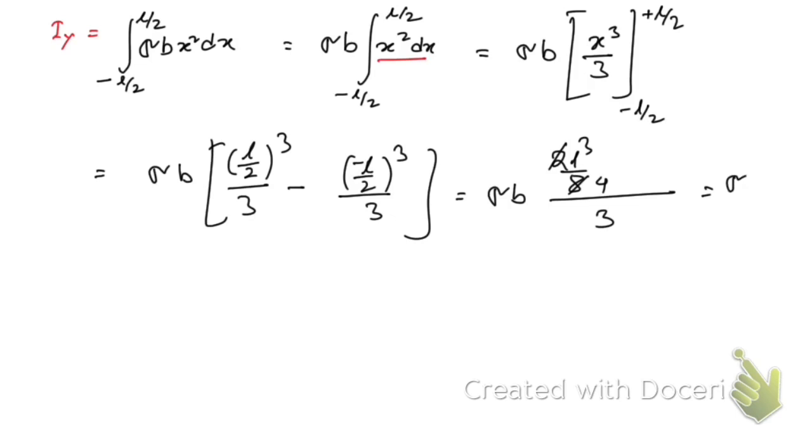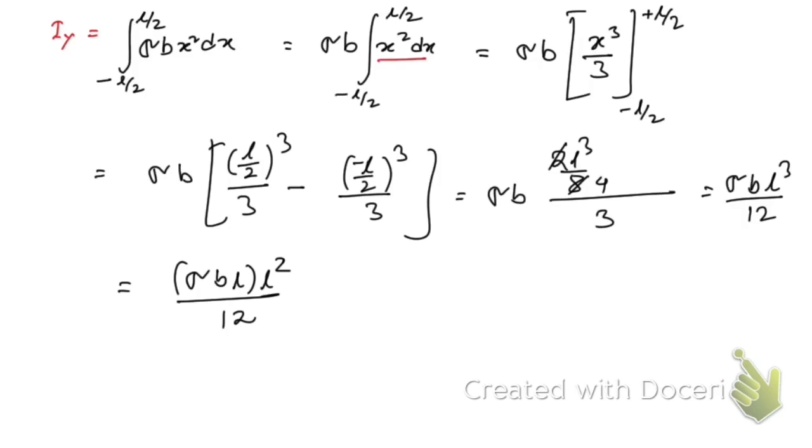That means sigma b into L cube by 3, and this 4 comes down, so 3 into 4, that's going to be 12. Now you see it can be written this way, sigma b into L square by 12.